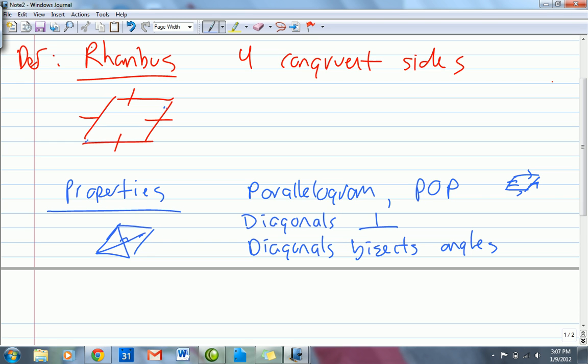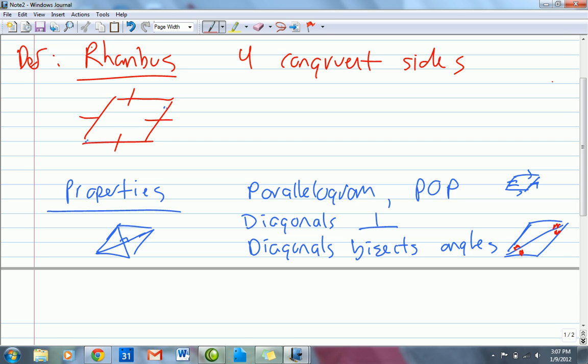There are those perpendicular diagonals, and remember they bisect each other too by property of a parallelogram. And the diagonals also bisect the angles, which is the third property. That diagonal is going to create two angle bisectors. Remember, those whole angles are congruent, so if we bisect both of them, each of those halves are congruent by the division property of equality. And the other diagonal is going to do the same to the other larger congruent angles.